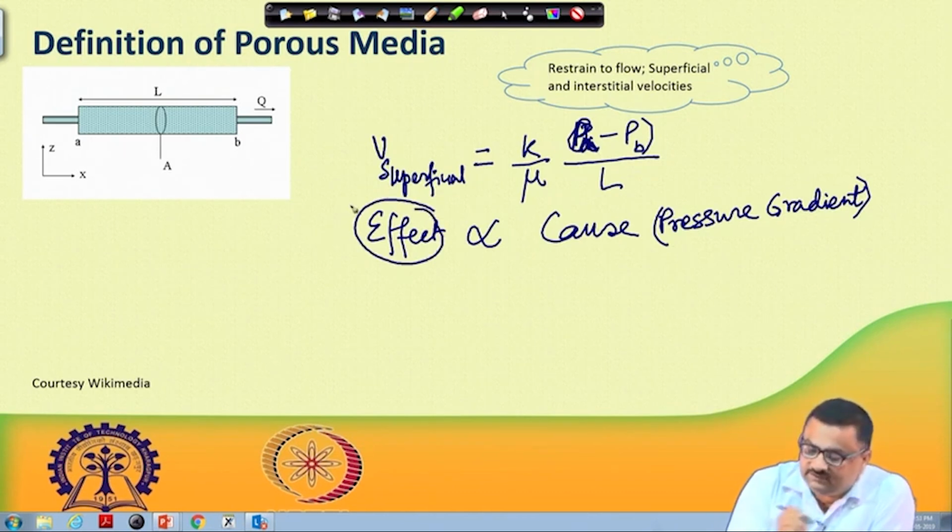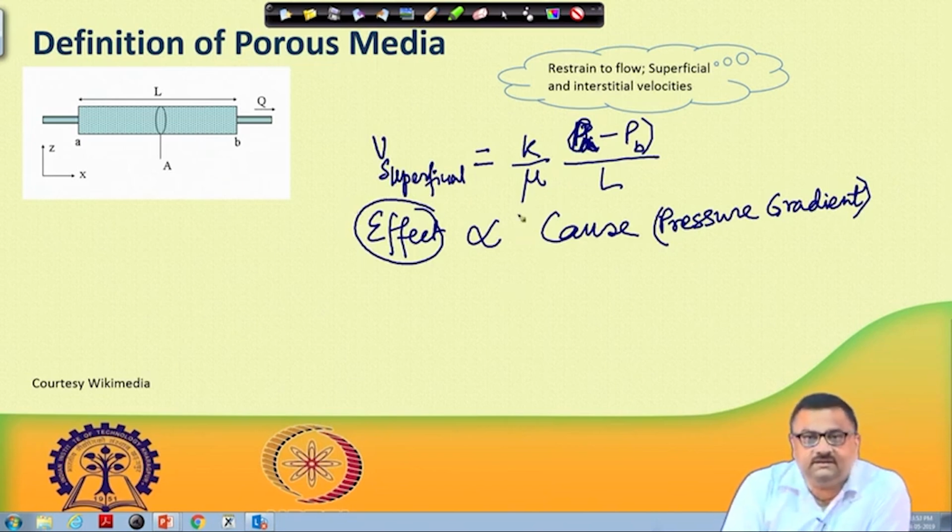The constant here is K by mu. Mu is the viscosity, which depends on what type of fluid we run through the porous medium. If it is water, it is close to 1 centipoise. If it is honey, the viscosity would be much higher, and K is the permeability.